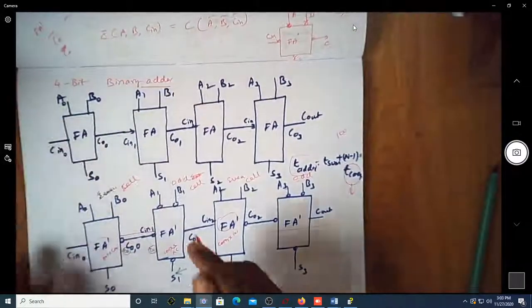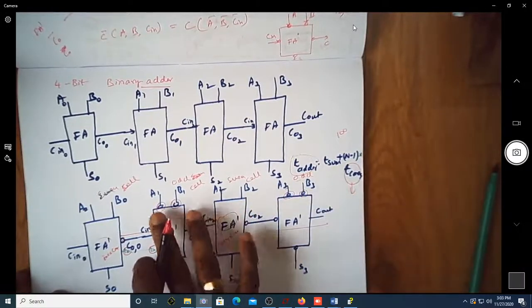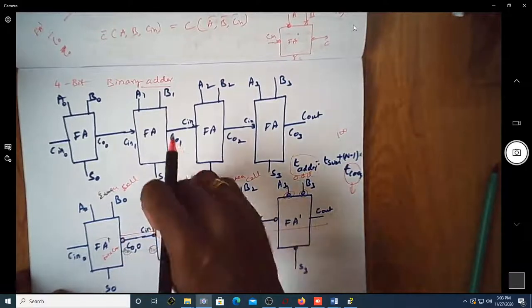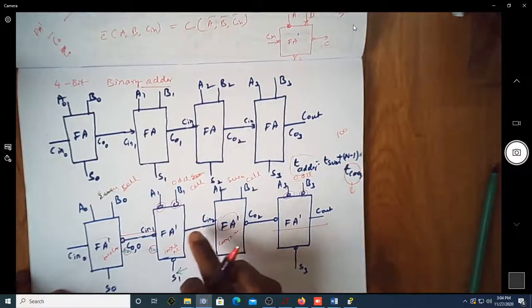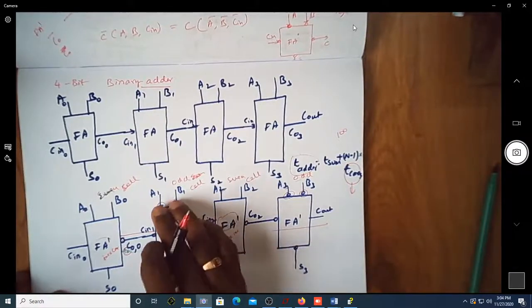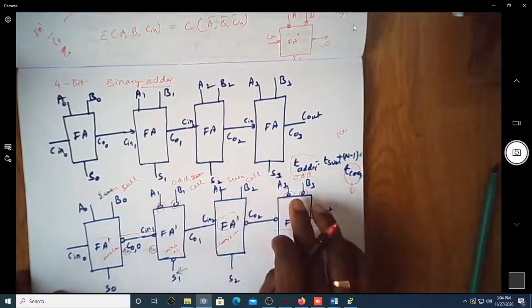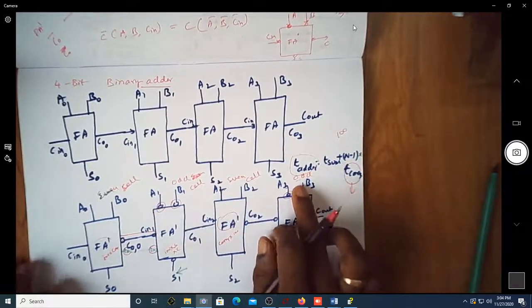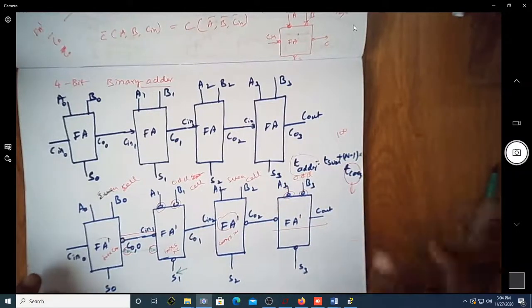Of course, you may be arguing, okay, sir, there is an inverter here, will it not add the delay? No, whenever these two are there, they will give the output, but they have to actually wait for this Cin to propagate. So even though you are introducing an inverter here for these A1, B1 and A3, B3, they will not increase the adder time.